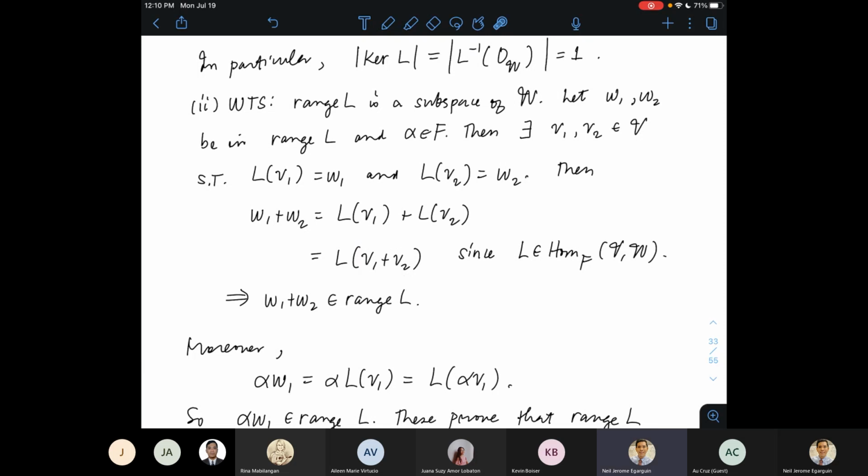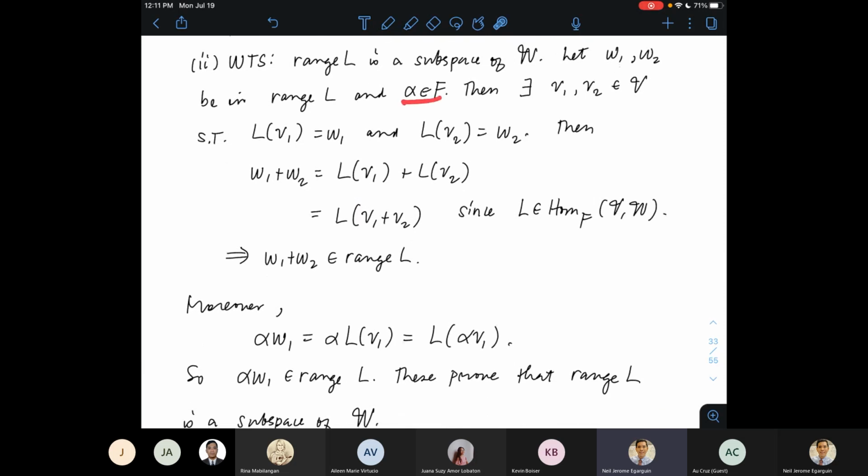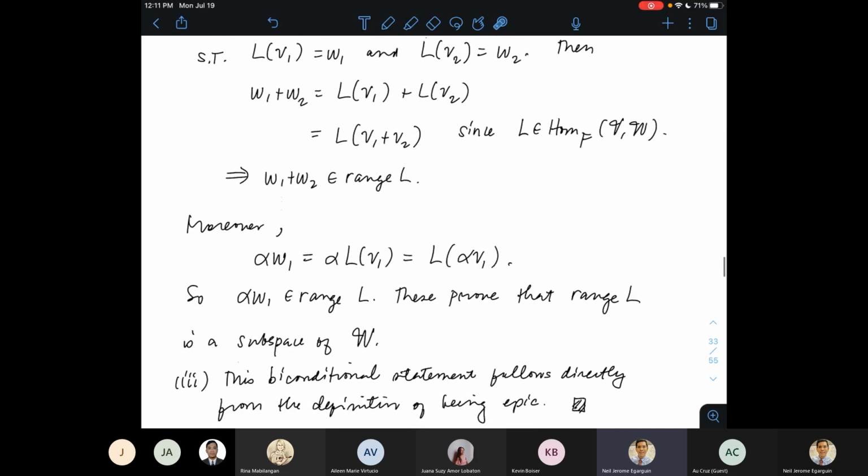Now let's try closure under scalar multiplication. So for closure, I will assume an arbitrary scalar alpha and show that alpha W1 is in the range of L, right? So alpha W1, again, our assumption is that W1 can be written as LV1.